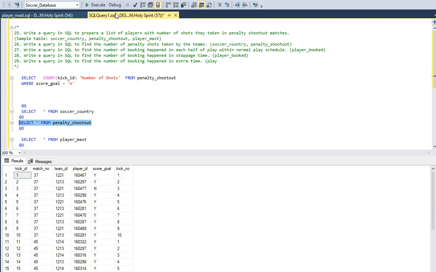From here we will get match number, player ID. I think player ID can be repeated if he made more than one goal.